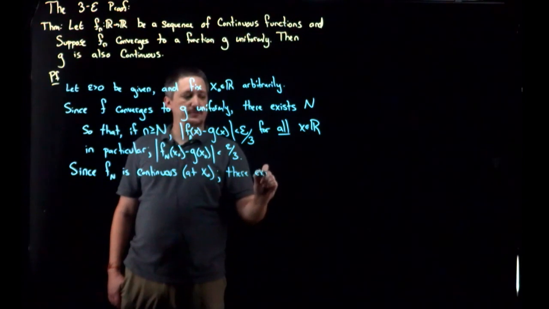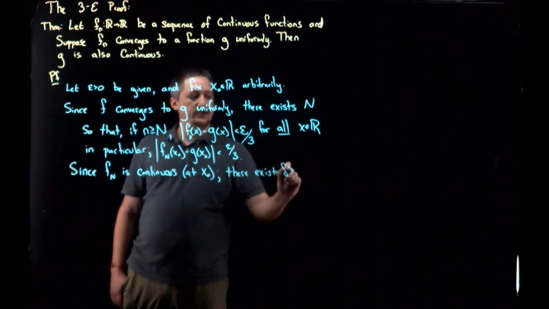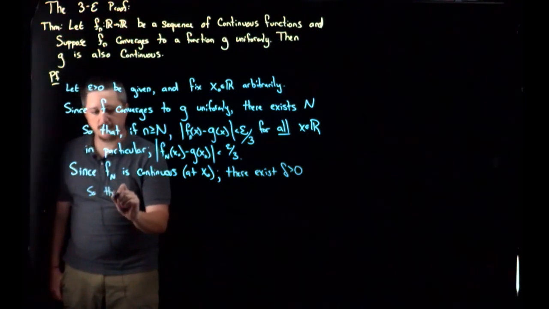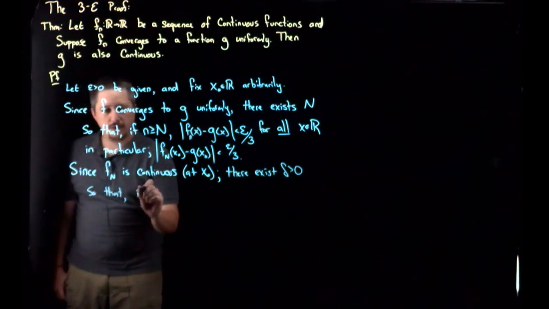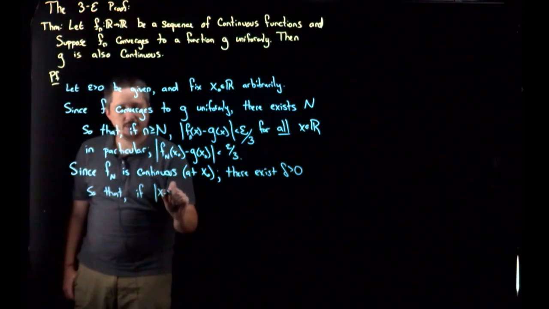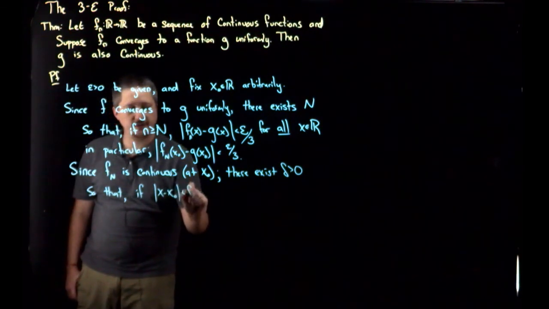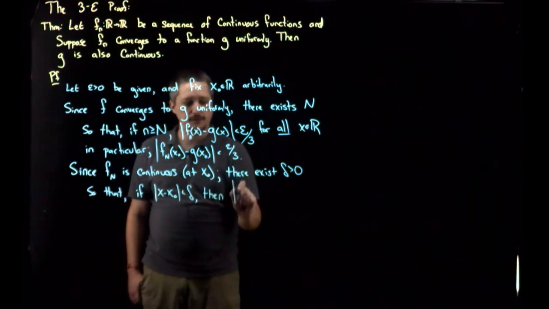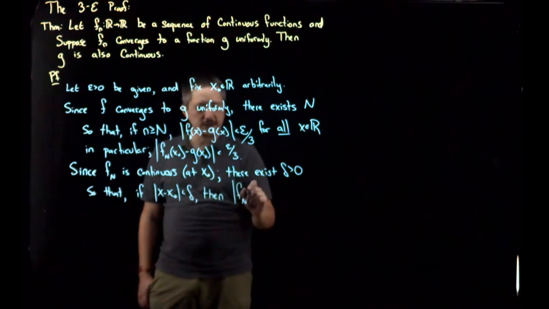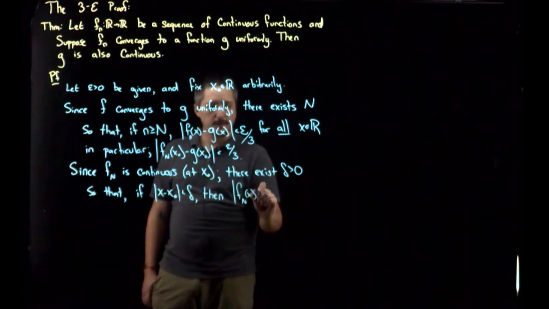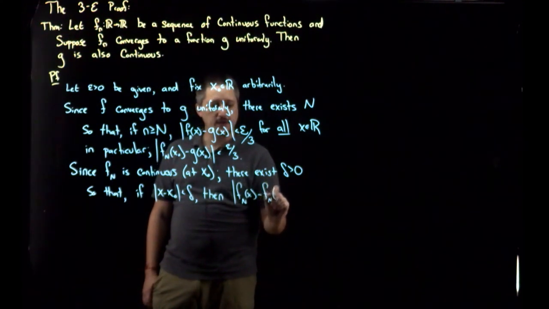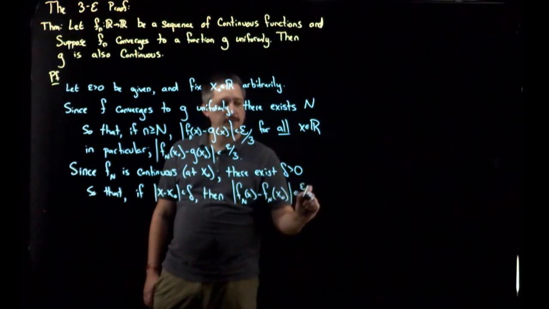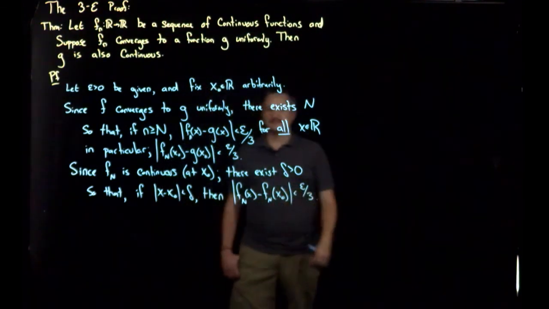There exists delta greater than 0 so that if |x - x naught| is less than delta, then |f_N(x) - f_N(x naught)| is less than epsilon over 3.